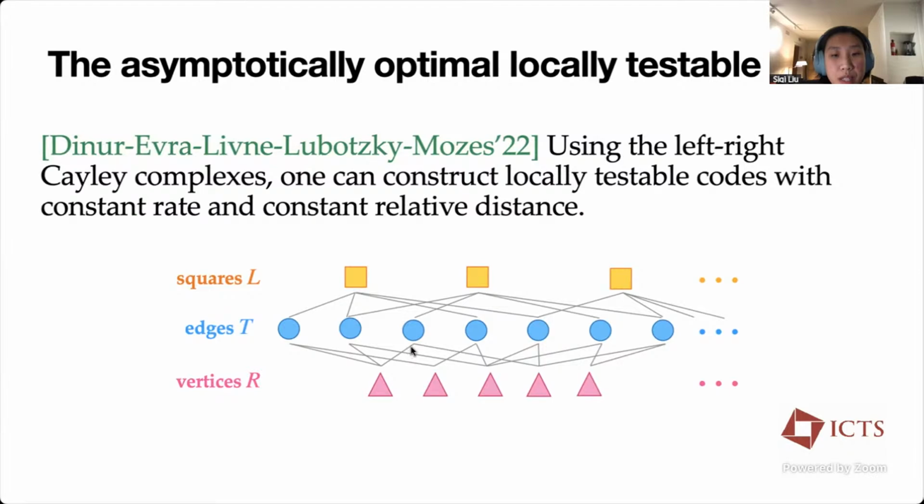These edges indicate containment relations between these sets in the adjacent layers. And we can define from them a tensor code by treating these squares as the set L in our notation, which corresponds to the coordinates in our code. The edges correspond to the local test T, and the vertices correspond to the restrictions that we take when we consider local codes.